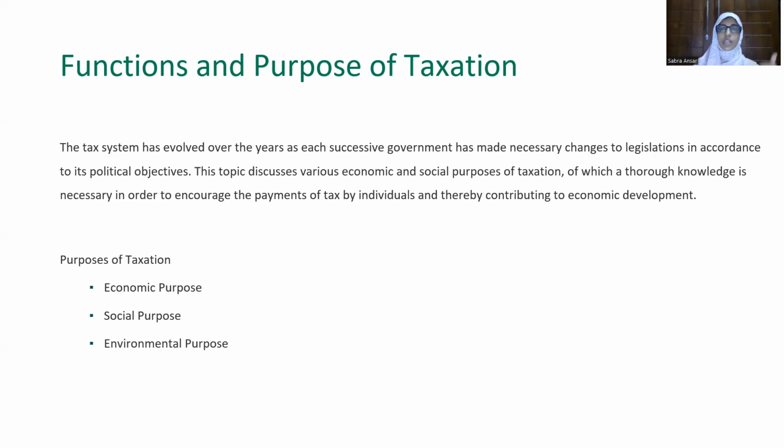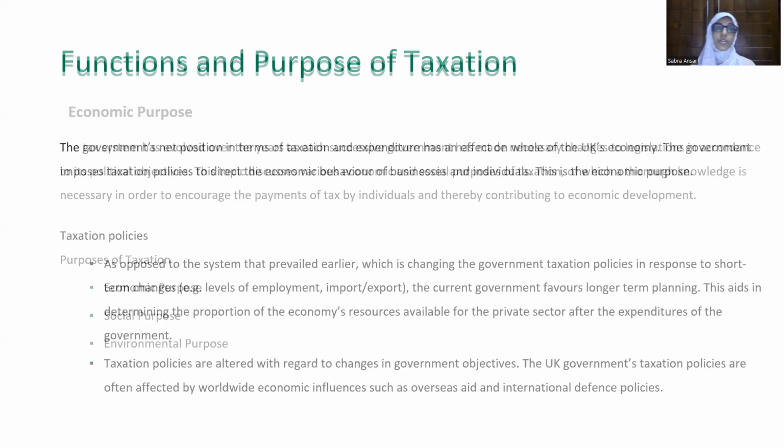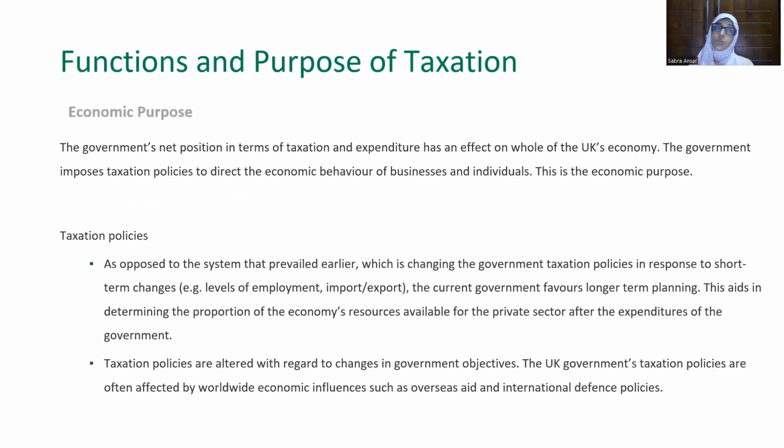As you can see, one is the economic purpose, then the social purpose, then the environmental purpose. So now let's see how each works. The first one, as I said, was economic purpose. Now, what is economic purpose?